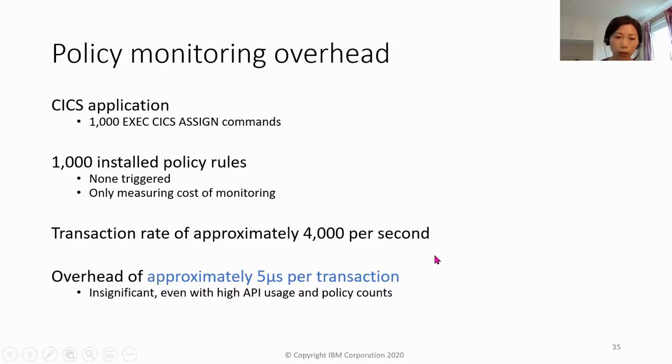We ran a transaction rate of about 4,000 per second, and we looked at the overhead of having those rules monitoring the system. We can see it's about 5 microseconds per transaction cost with these 1,000 policy rules installed there.